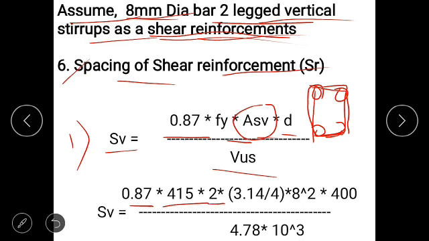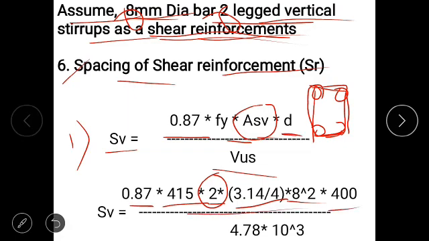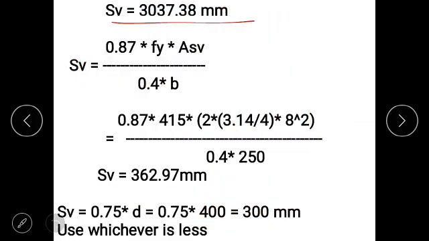We have two legs, so consider two-legged: 2 into pi by 4 into d square, diameter is 8, and D is 400, divided by VUS. We already found VUS is 4.78, so 4.78 into 10 to the power 3 Newton. So the answer of SV is 3037.38 mm.